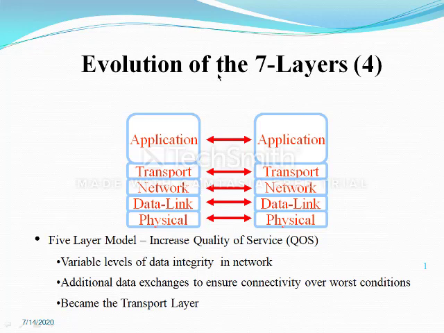Evolution of 7 layers. So already we have seen up to the 4 layer. Now the 5th layer, one more layer added, that is the transport layer. 5 layer model, which increases the quality of service, QoS. Variable levels of data integrity in network.